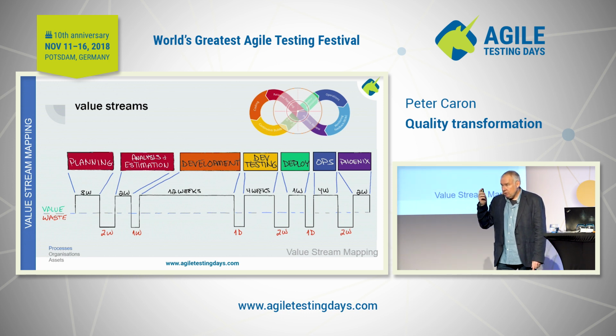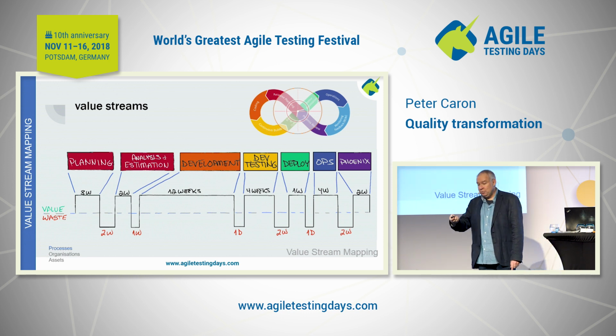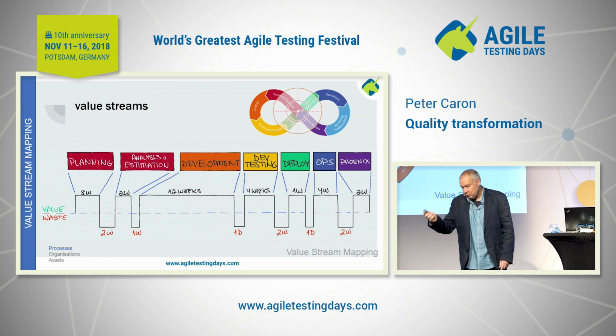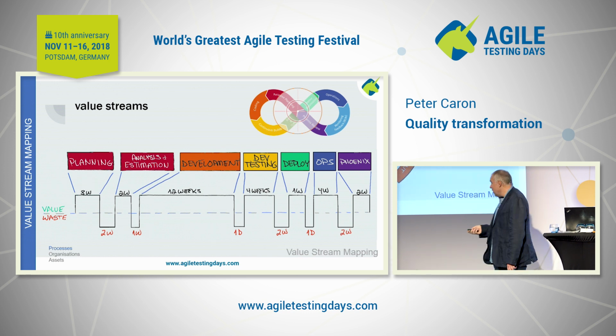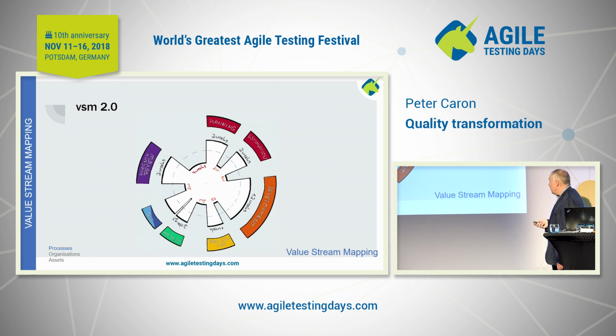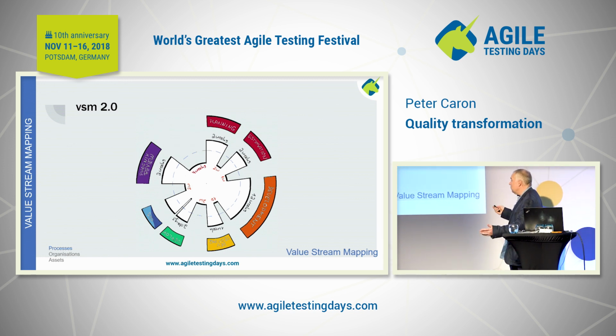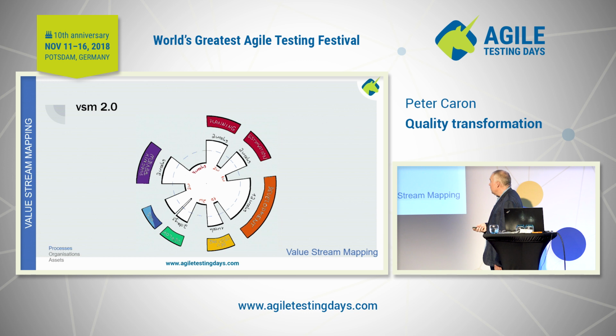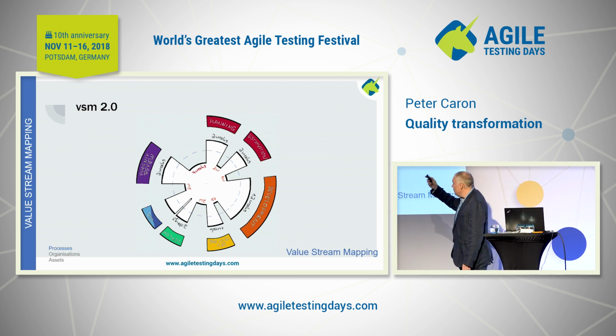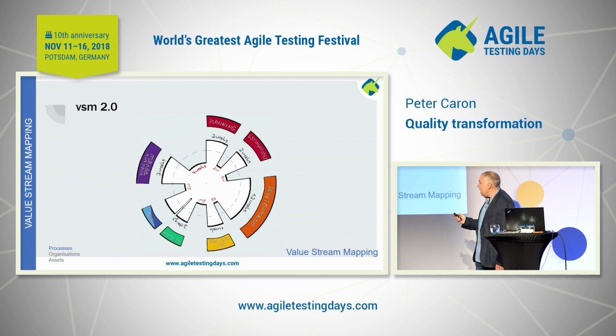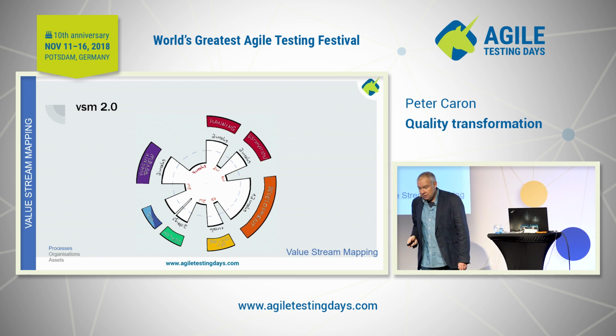So, value stream mapping 2.0, just because everybody calls it 2.0, I just call it 2.0. So, I came up with this. I don't know if it's an original idea, probably not, but it looks cool. In this, we see the flow in the way it really is, and I spot my problem right there.